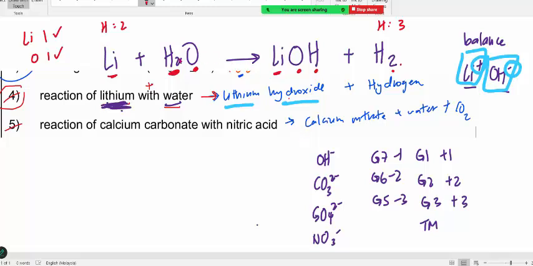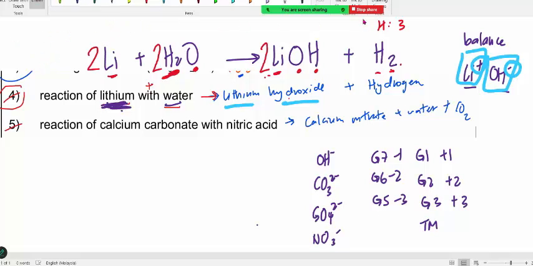Now, if I put 2 in front here, how many hydrogen do I have? 4. Now my hydrogen is 4. So I put 2 in front here. Isn't my hydrogen 4 also? Yes. 2 lithium, I just put 2. Now count like that. You put numbers in front to balance. Do you get it now?